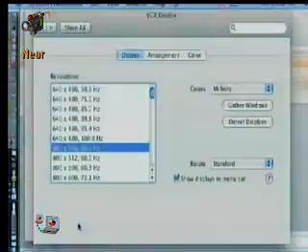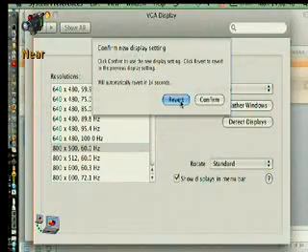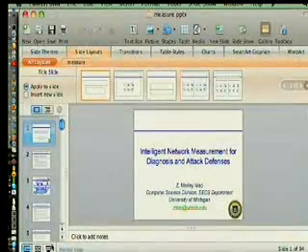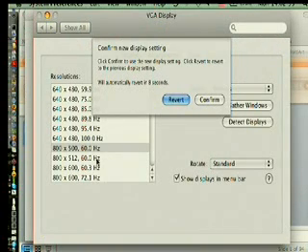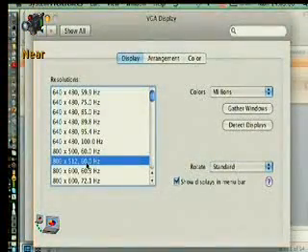Yeah, it was cut off. Okay, try 800 by 600. Again? Yeah, let's just see. So let's go back to 800 by 600. 1024 by 768.